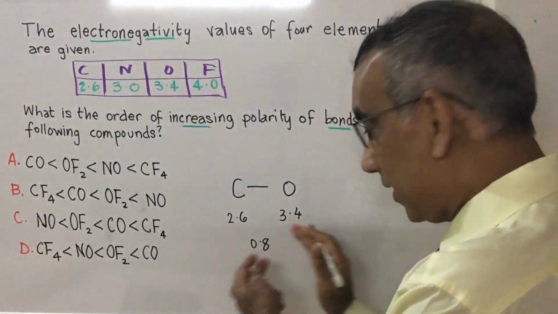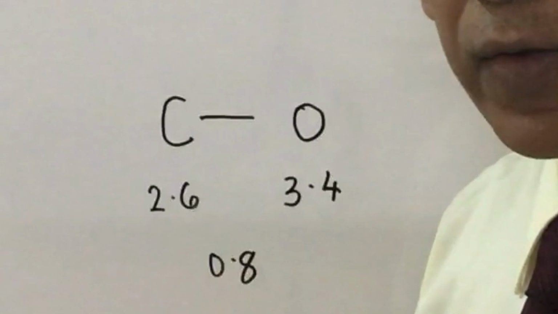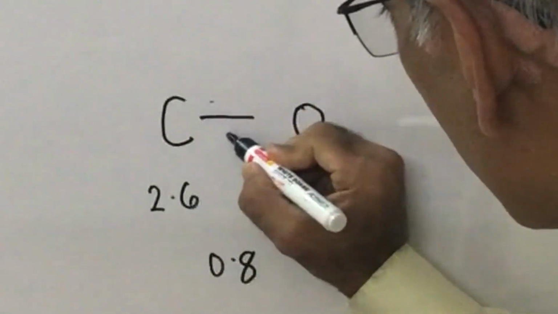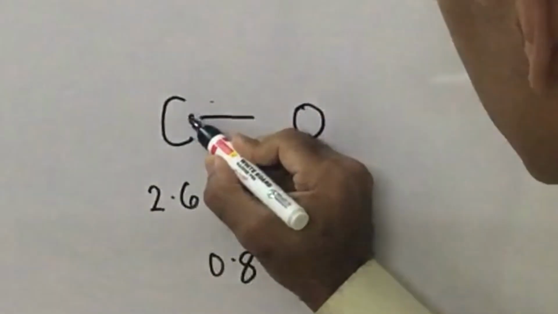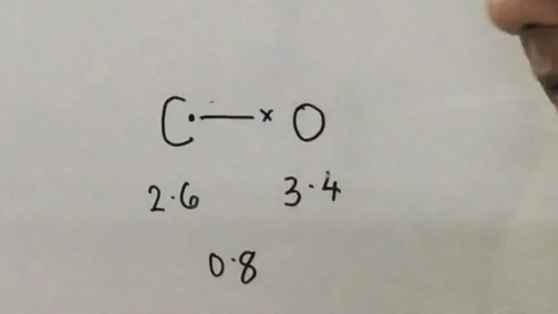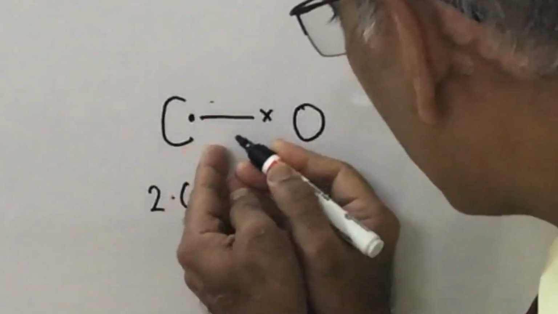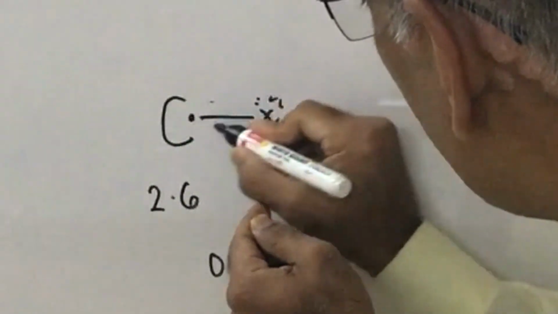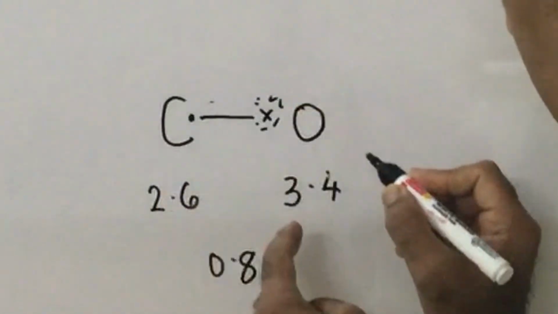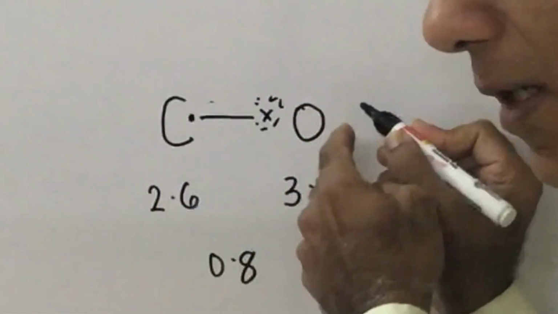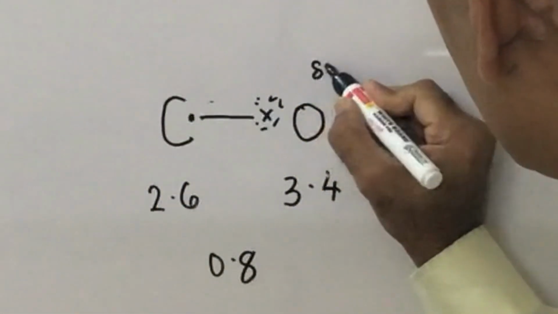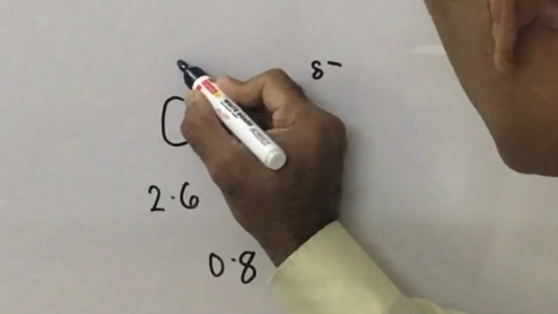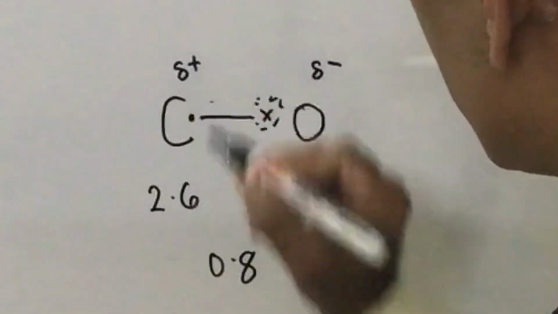Now this difference in electronegativity is what gives rise to polarity, because if the electrons which are shared here in the covalent bond, carbon and oxygen, are held a little bit closer to oxygen than they are to carbon, then the oxygen atom is going to acquire a small negative charge, and the carbon atom would acquire a small positive charge.